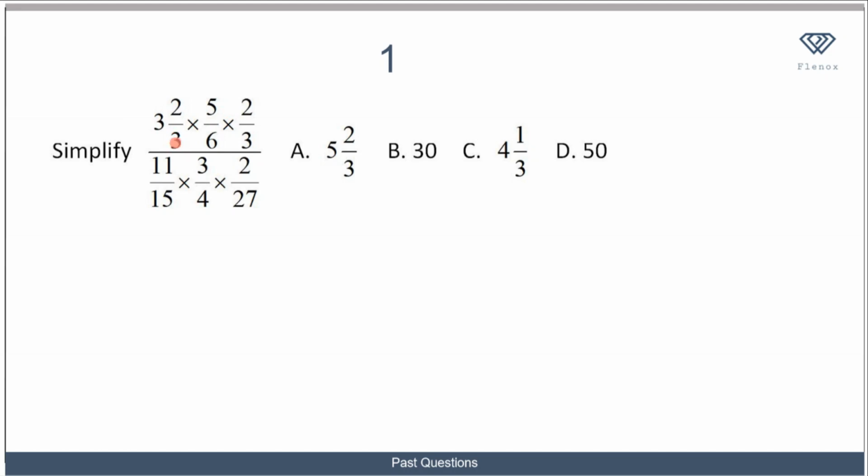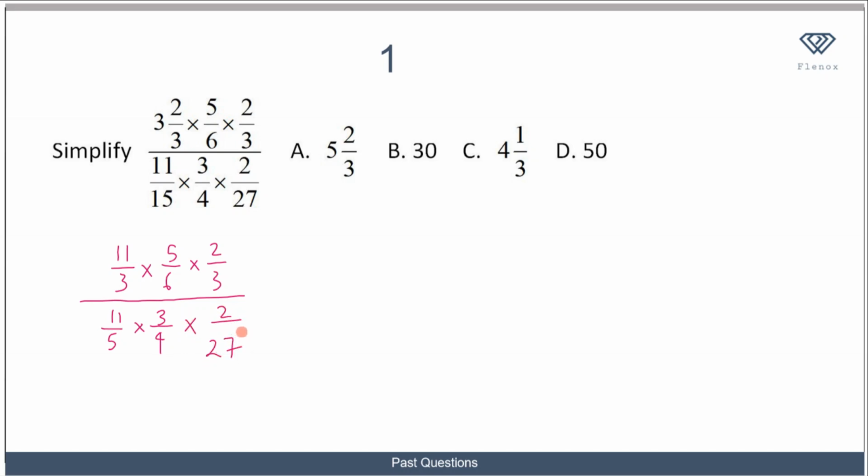So you start out by saying 3 times 3, which is 9, plus 2. That will give you 11. So you have 11 over 3 times 5 over 6 times 2 over 3, then everything over 11 over 15 times 3 over 4 times 2 over 27.